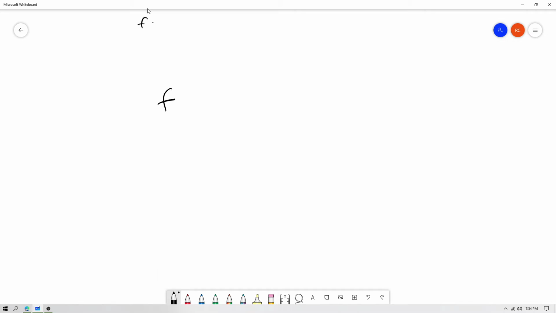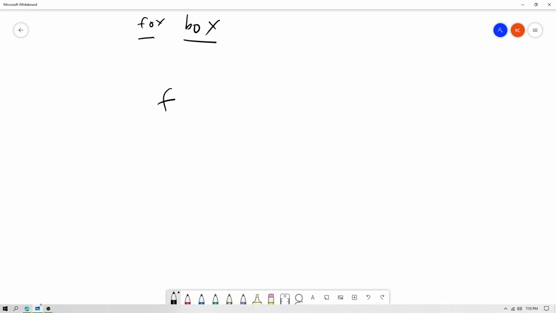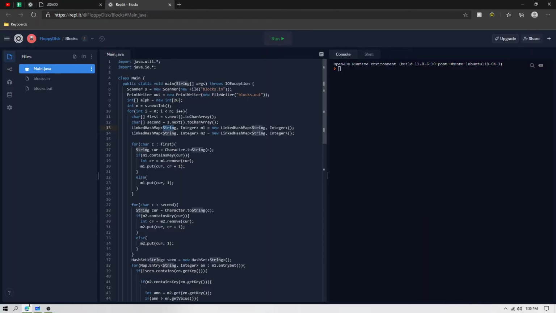So let's say we're looking at fox and box. This M1 corresponds with word 1, and M2 with word 2, so we have in our hash map F1, O1, X1, and then B1, O1, X1 for the second one. And then we just calculate that here.